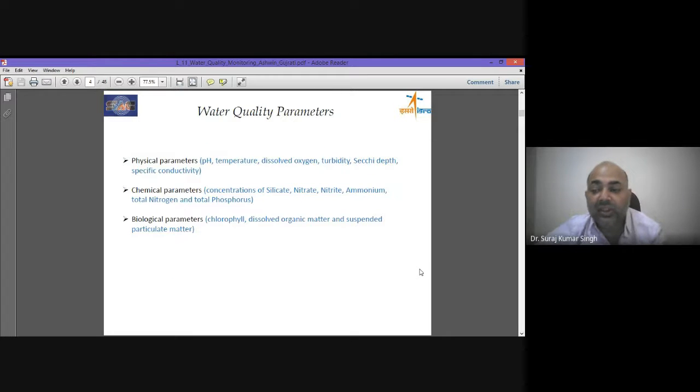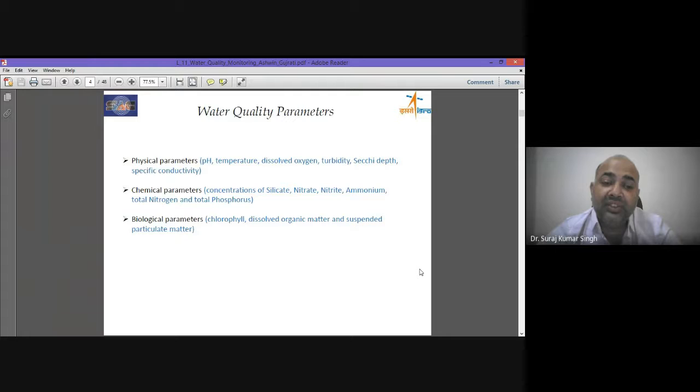Whenever we are talking about water quality, there must be a parameter to decide which water quality is good and which is bad. So what is that standard, what is the method? We have divided the water quality parameters into three components. One is physical parameters, another is chemical parameters, and the third is biological parameters.